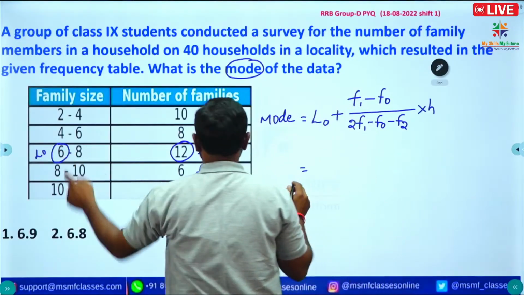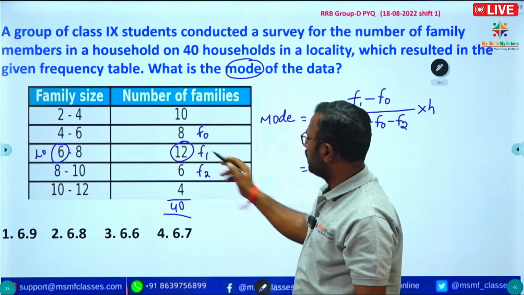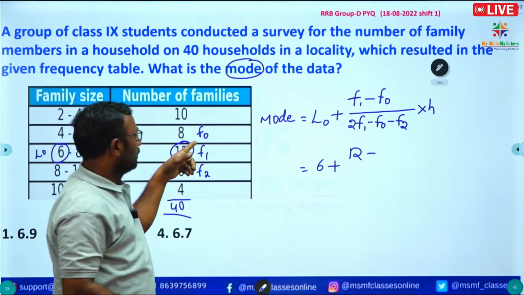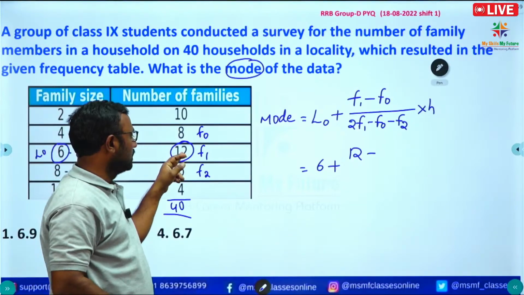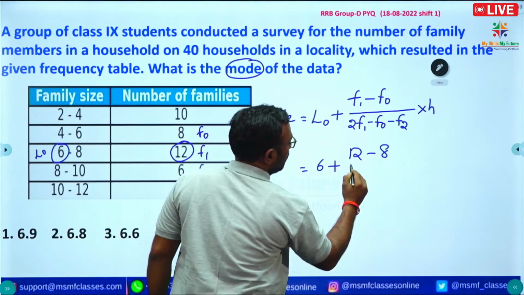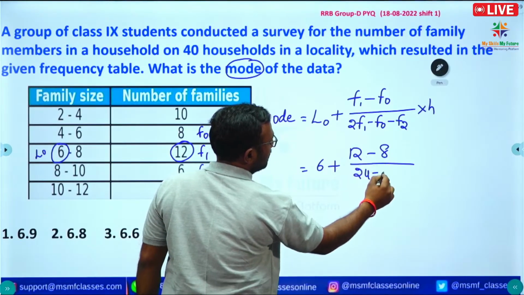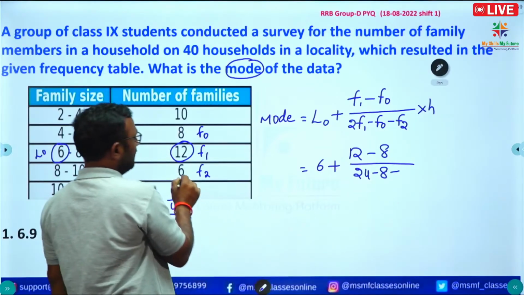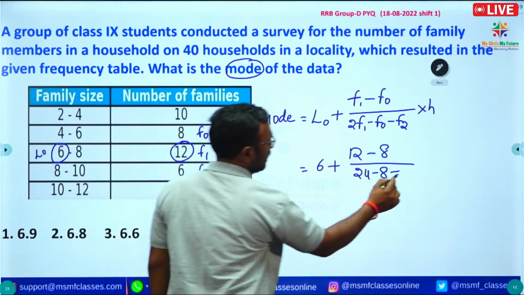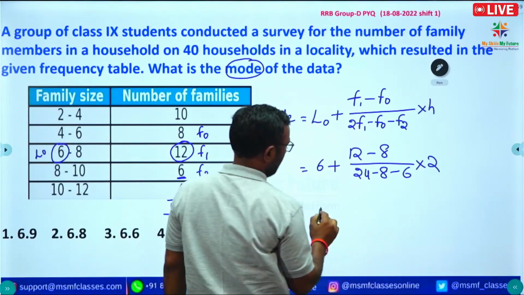So the lower limit is 6 plus the highest frequency 12 minus the preceding frequency 8, divided by 2 into 12, which is 24, minus preceding frequency 8 minus succeeding frequency 6, into the width of the class interval, 2.